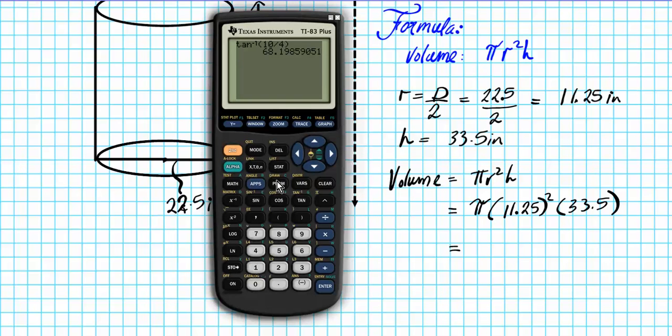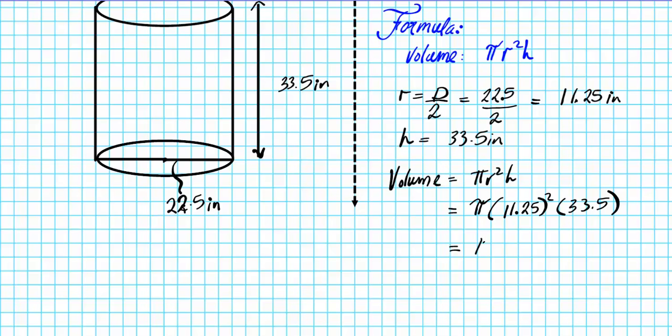Okay, when you multiply all that together, let's put that in our calculator and see what we get. So we have pi times 11.25 squared times 33.5. Enter. So 13319.86198. So our volume is 13319.86198. And guess what?